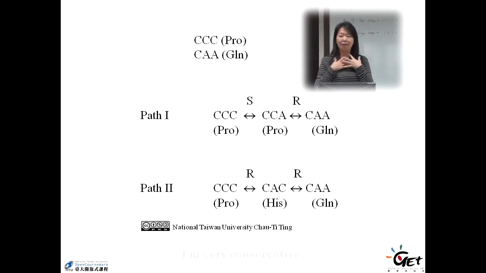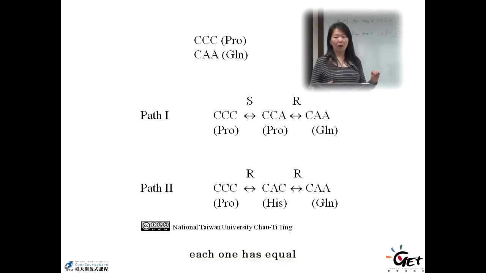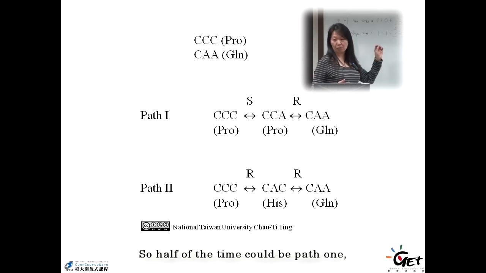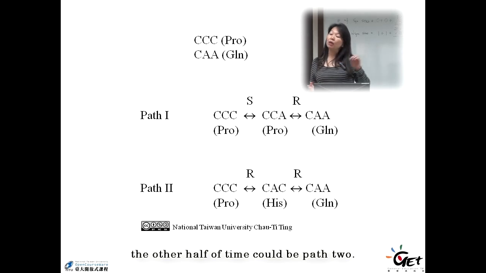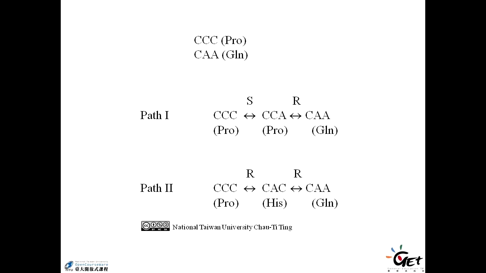So I don't decide. I'm very conservative. I don't know which one is more possible than the other one. So I say each one has equal possible rate of happening. So half of the time could be path one, the other half of time could be path two. So I times 0.5 for each possibility.